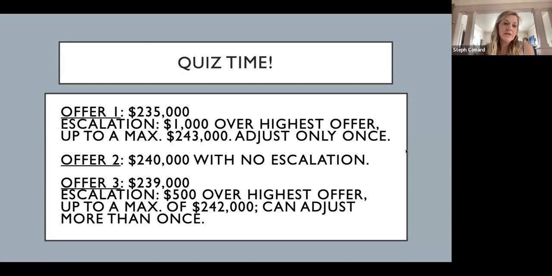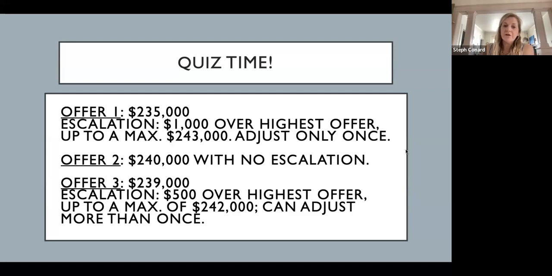Offer number one is an offer of $235, so base price, initial offer price of $235, with an escalation clause of an increment of $1,000 over the highest offer. And you can only adjust it once, so you can only bump once. And the max that the buyer is willing to go up to is $243.